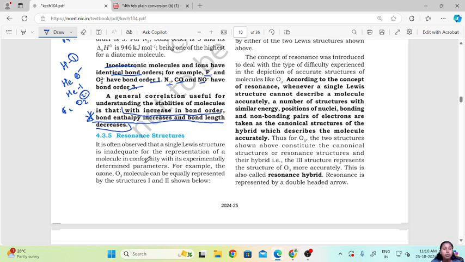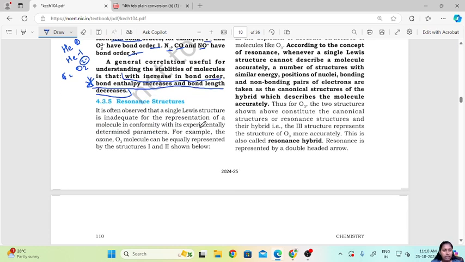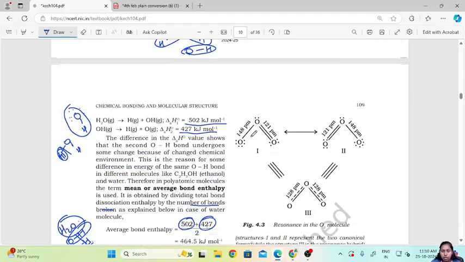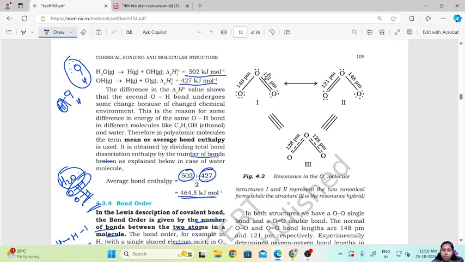For example, the ozone molecule, O3, can be equally represented by structures 1 and 2 shown below. Now this is the structure of ozone. It can be represented in both ways: you can show the double bond on the left hand side and also on the right hand side.